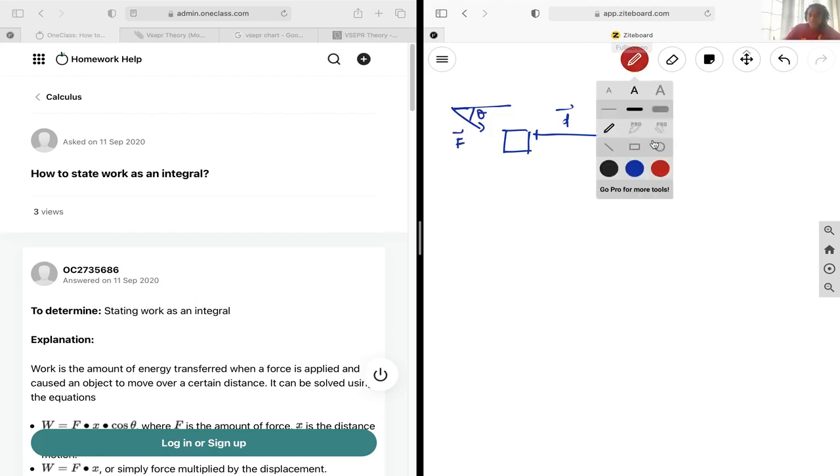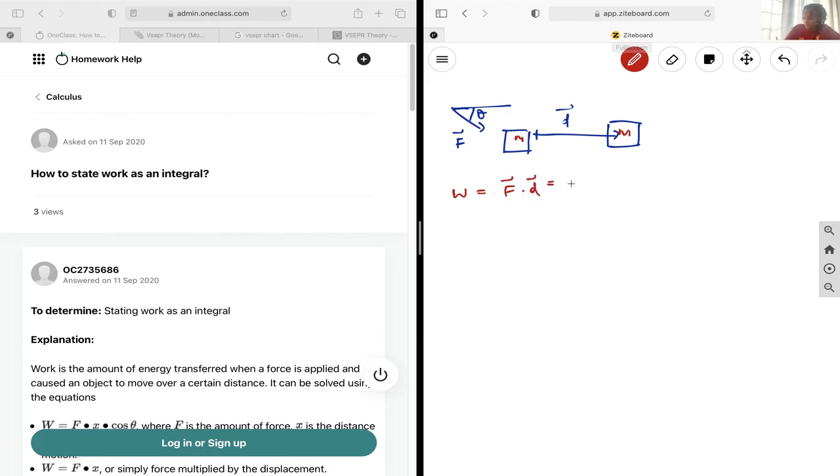If we have this 2D question, the work done by a force imparted at this angle to move object M through a distance vector D is going to be the dot product of the two. This is going to be the magnitude of F multiplied by the magnitude of D, cos theta. And this is in the scenario that F is constant.